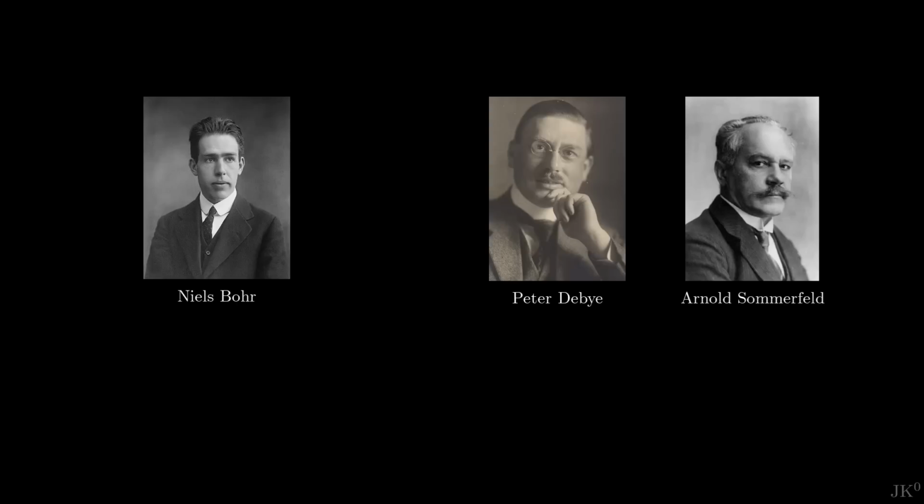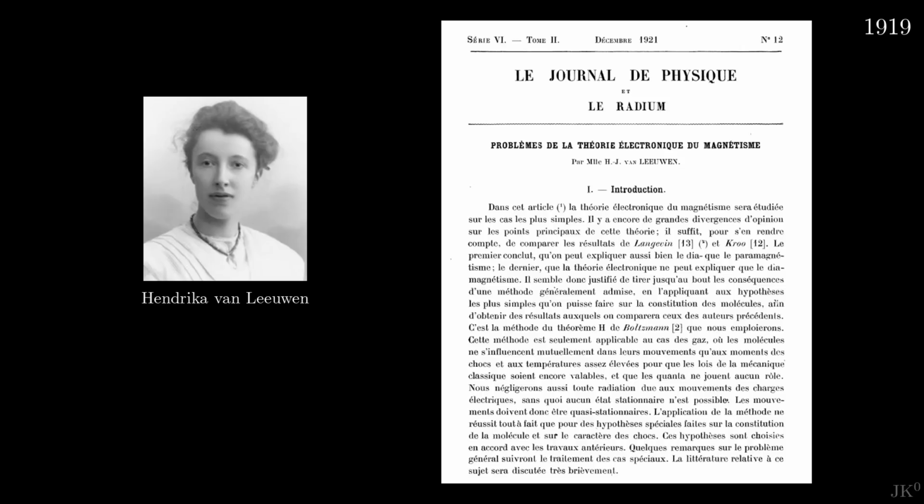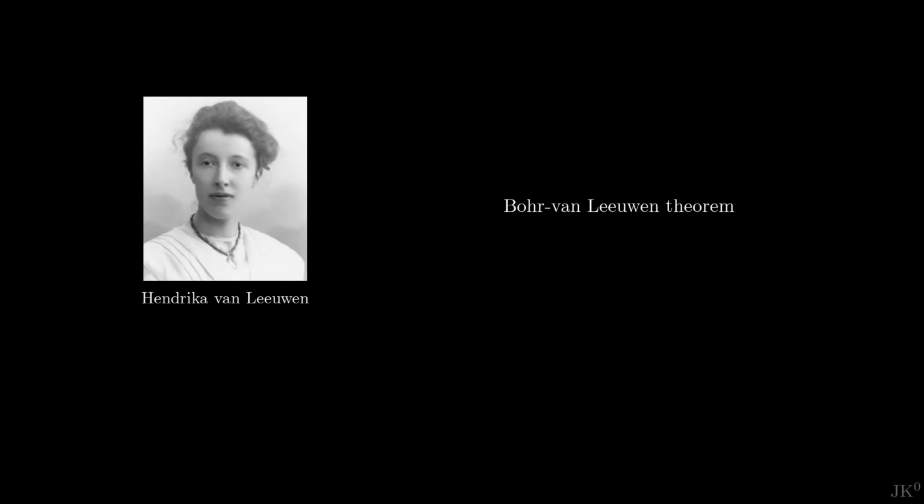Dutch physicist Hendrika van Leeuwen was a renowned student of Lorentz that demonstrated in her doctoral thesis presented in 1919 that magnetism could not be explained only using classical physics. She proved that magnetism must be a purely quantum phenomenon, a result known today as the Bohr-van Leeuwen theorem.